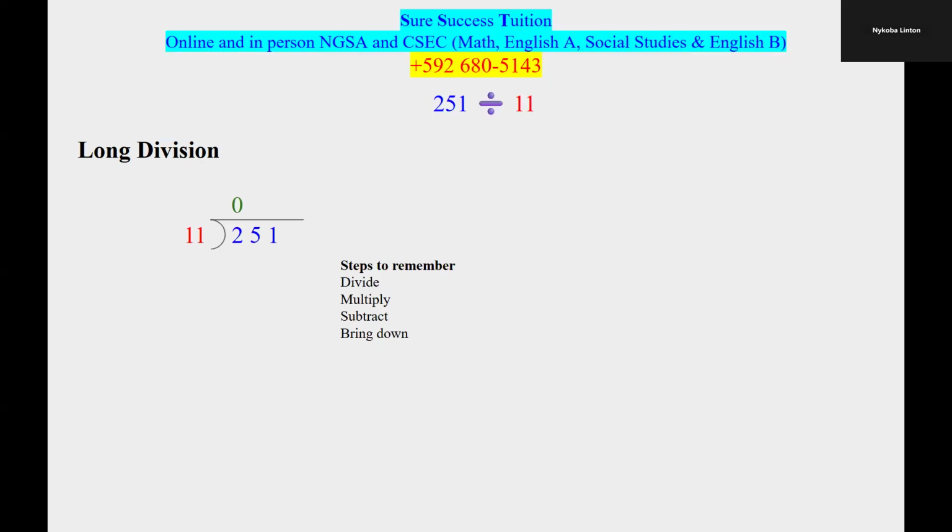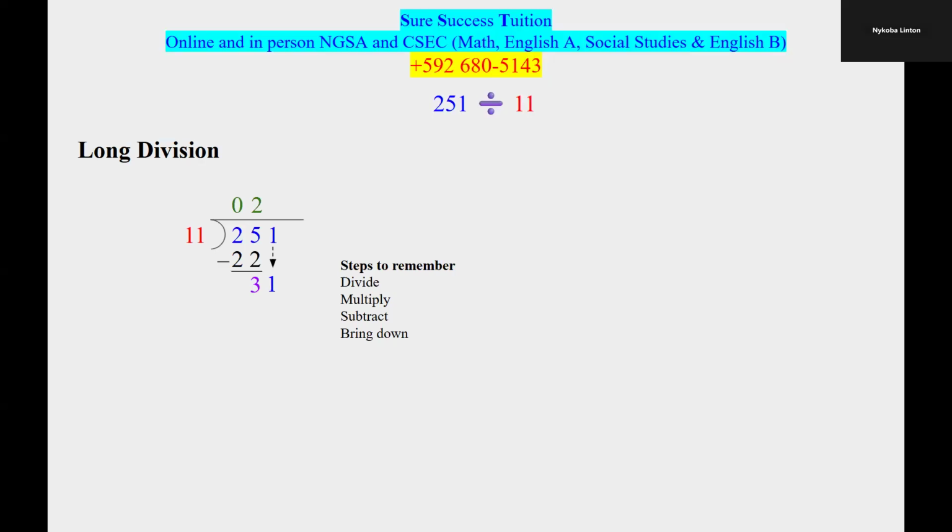Now let's divide the 25. So 11 into 25 will be 2. 2 multiplied by 11 is 22. Let's subtract, we'll have 3. What do we do according to our steps? We bring down the 1. 11 into 31.